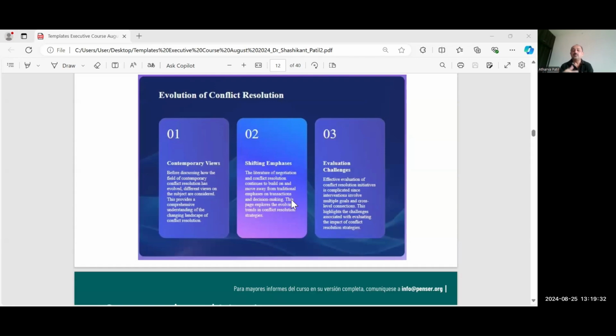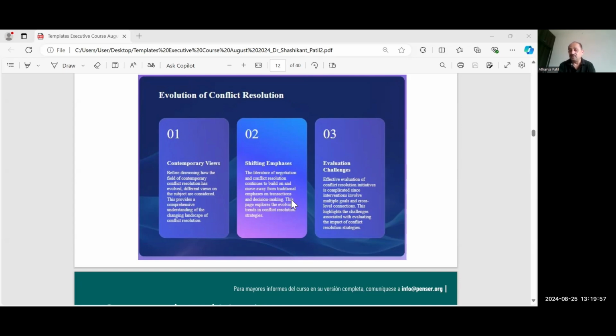So how has conflict resolution evolved? There are contemporary views, and the shifting emphasis and evaluation changes. Before discussing how the field of contemporary conflict resolution has evolved, different views on the subject are to be considered, and this provides a comprehensive understanding of the changing landscape of conflict resolution.